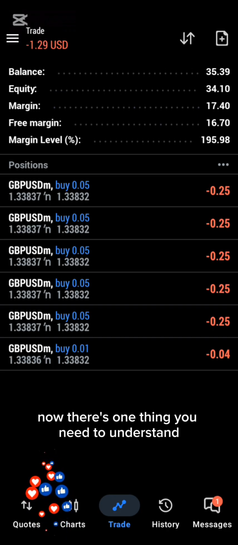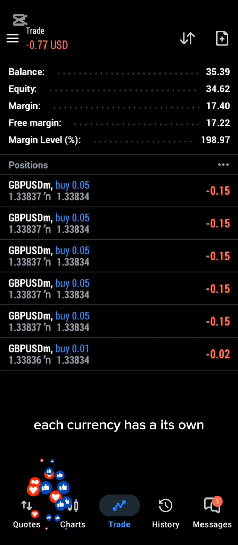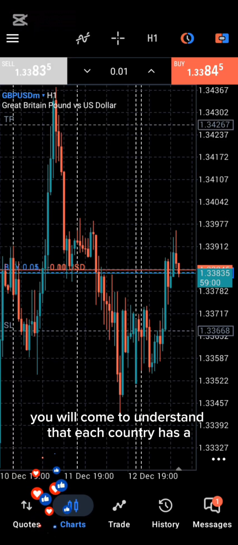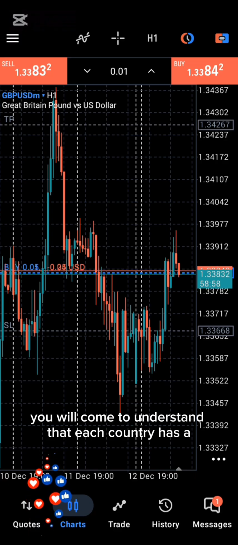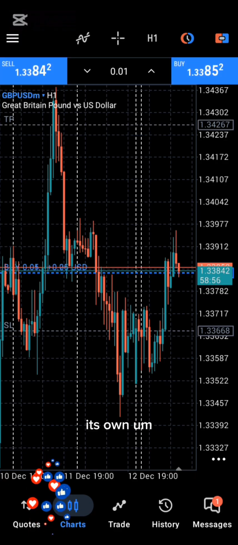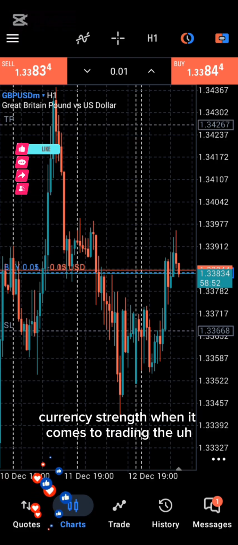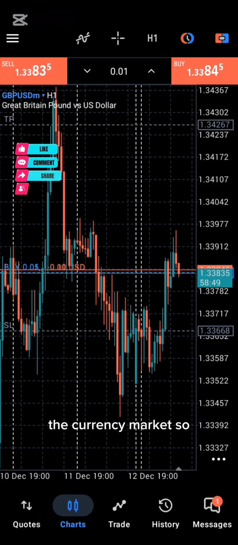There's one thing you need to understand: each currency has its own strength. As you keep learning trading, you will come to understand that each country has its own currency strength when it comes to trading the currency market.